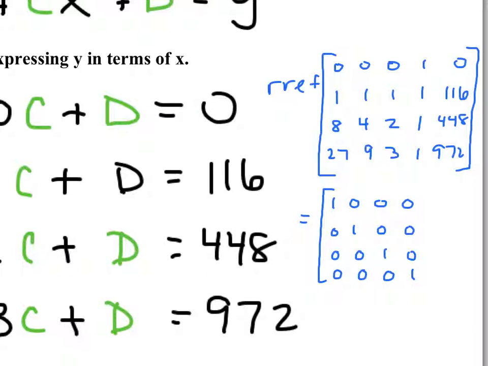Did anybody get the answer? Let's see what we got here. I got, going down, -4, 120, 0, 0. Hopefully you got the same thing. So what does this mean our equation is?